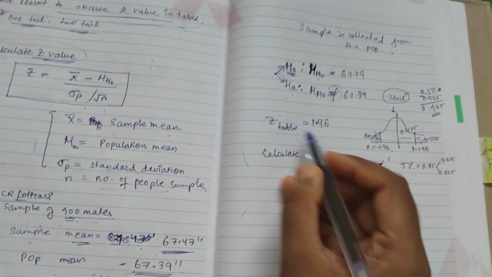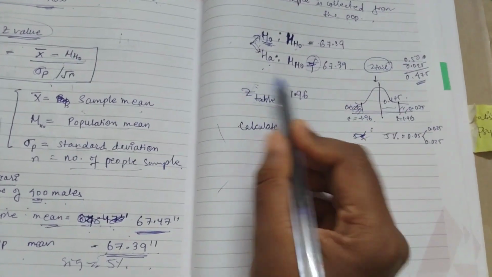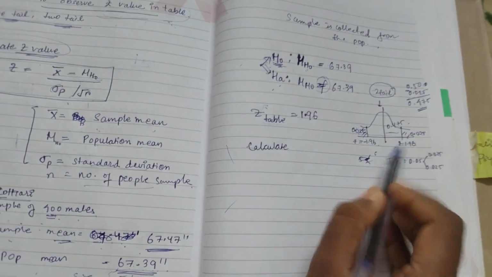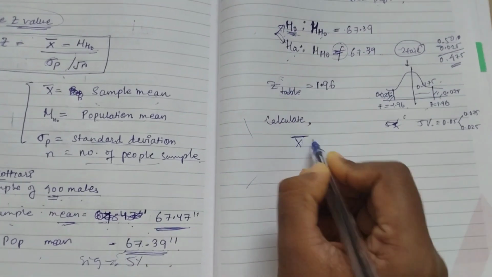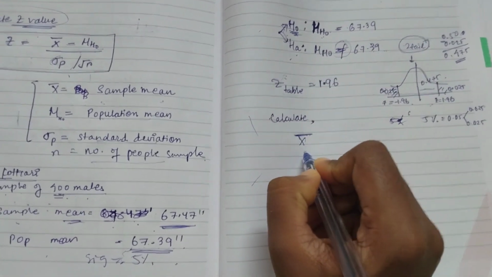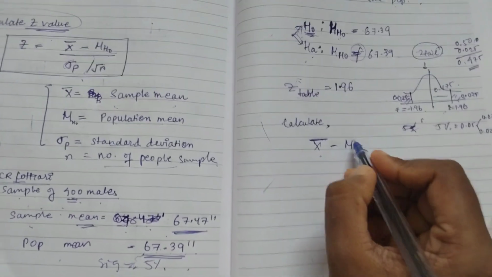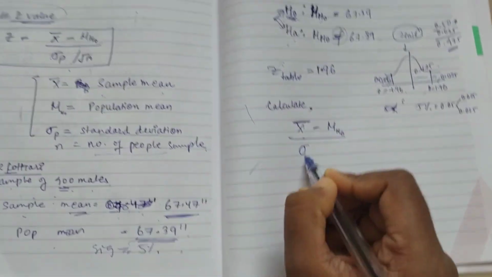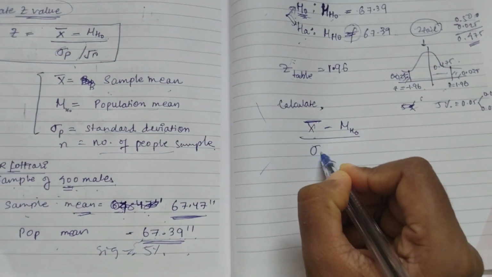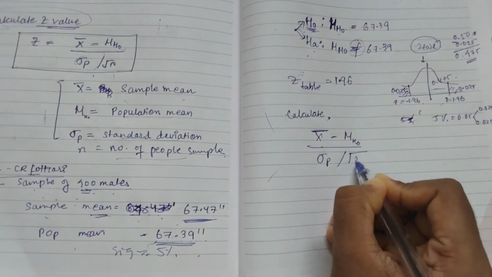This is the standard value of z. Now we need to calculate the value of z. For calculation we use x bar, the sample mean, minus the population mean, divided by the standard deviation of the population divided by under root n.